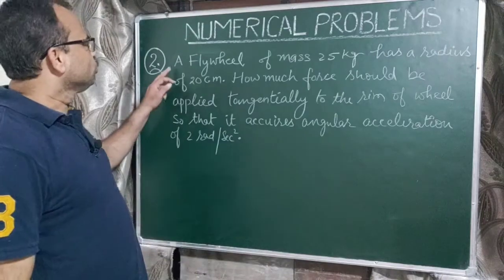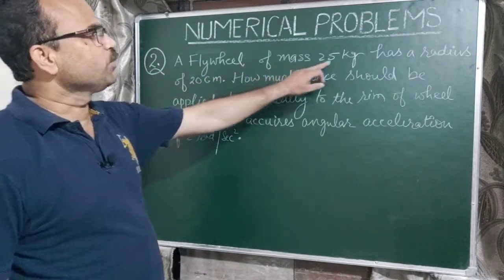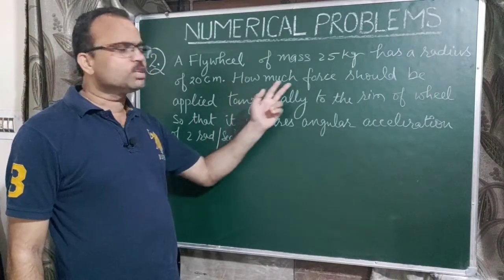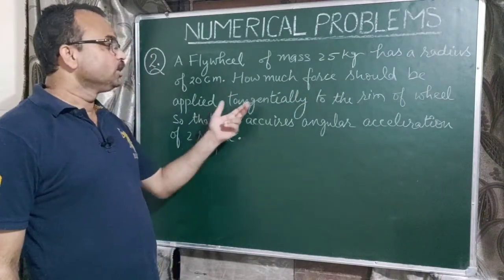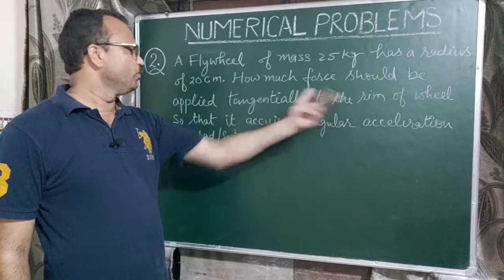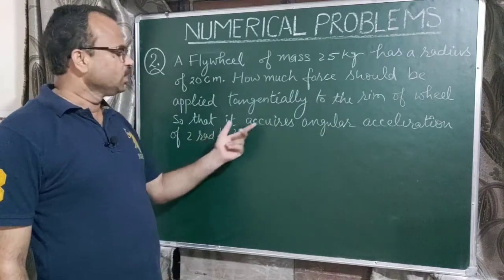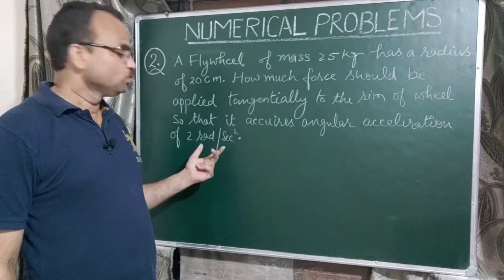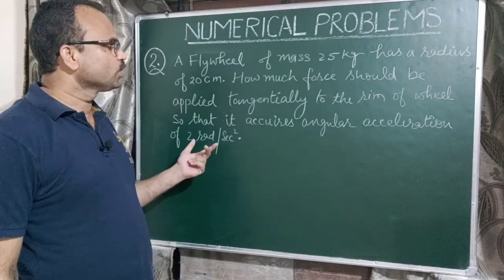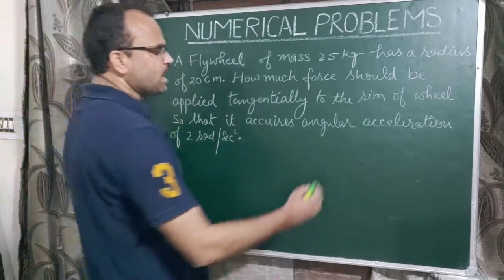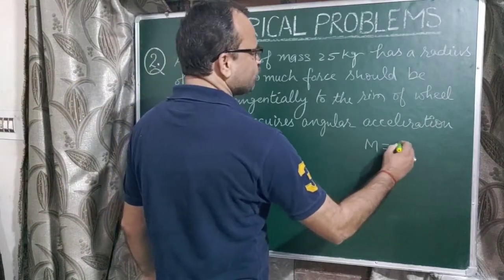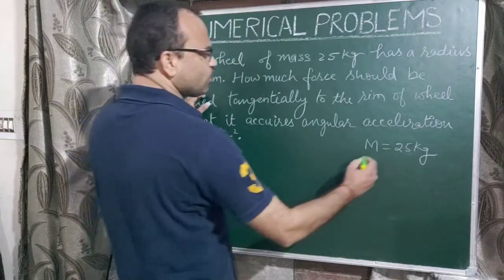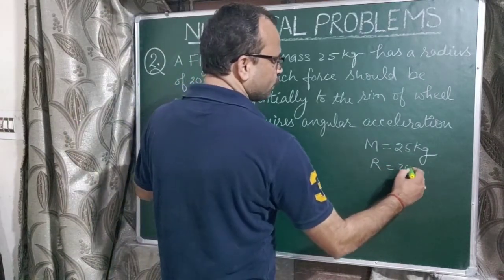Now the question number 2. A flywheel of mass 25 kg has radius 20 centimeter. How much force should be applied tangentially to the rim of the wheel so that it acquires angular acceleration of 2 radian per second square? In this problem, mass of wheel is given, m equal to 25 kg, and radius of wheel r equal to 20 centimeter.